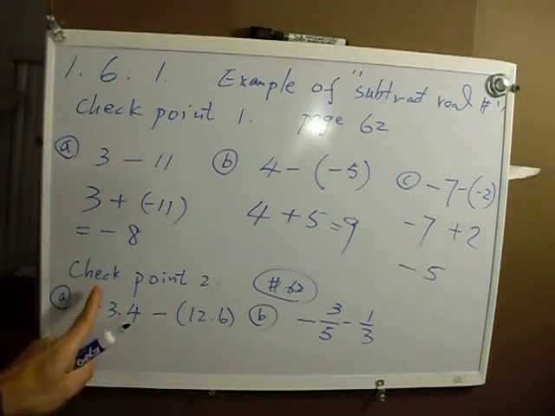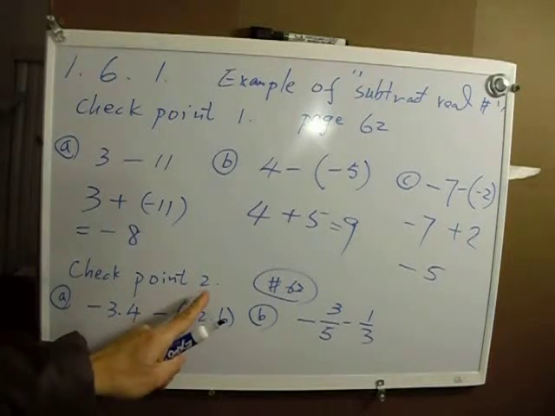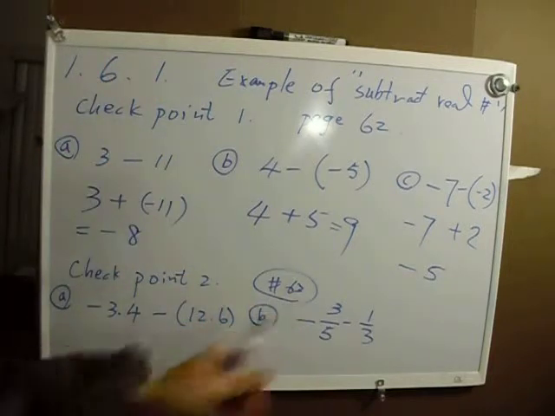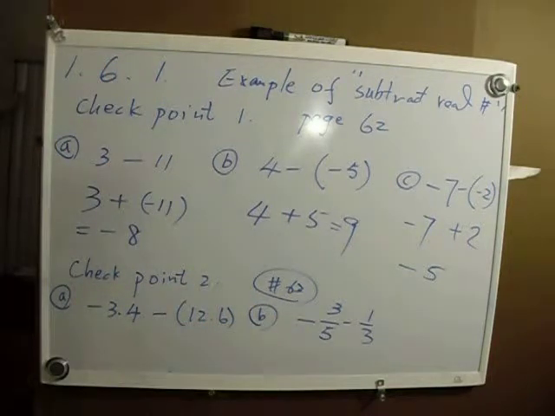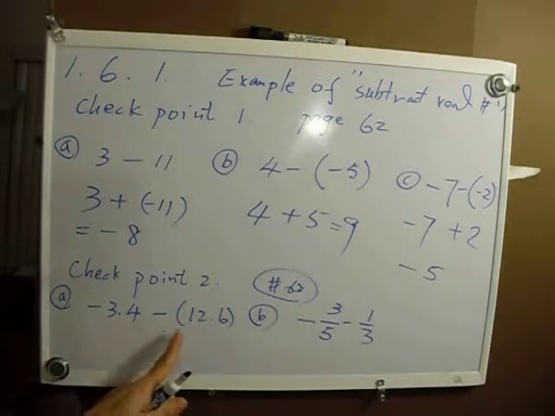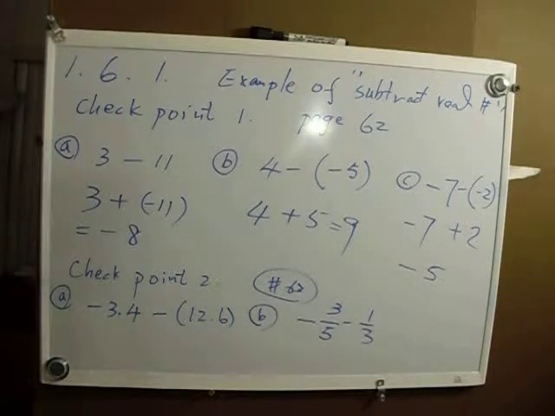Next, we're going to use Checkpoint number 2. Again, this is section 1.6.1. Next page 63. We're dealing with decimals. It's the same rule as we use for whole numbers. Negative 3.4 subtract a positive number. How are we going to deal with that?